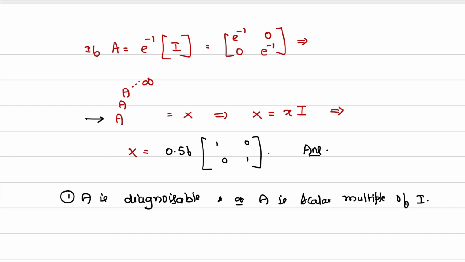Scalar multiple of I. Then A is equal to e to the power of minus 1 into I. That is what we have taken.